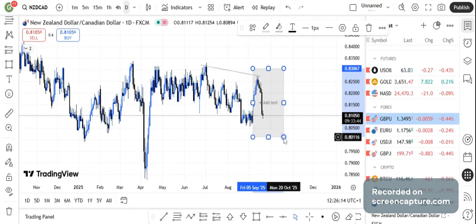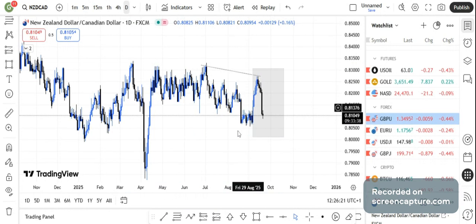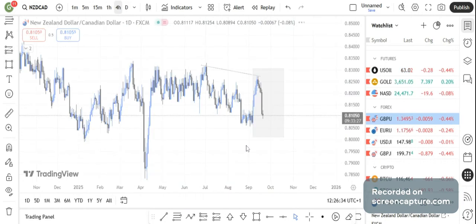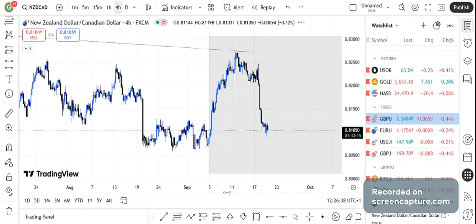So this side also really matters, but to understand better, you have to make sure that you focus on the lower time frame. Since we're on the daily time frame, let me go to the 4 hour time frame so you understand more on this. On the 4 hour time frame, you discover that price is currently bearish.